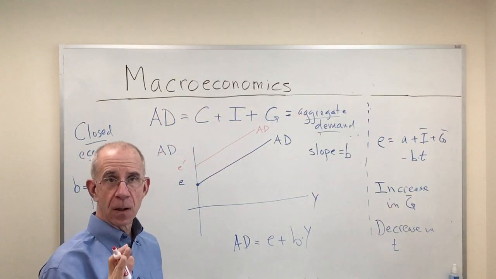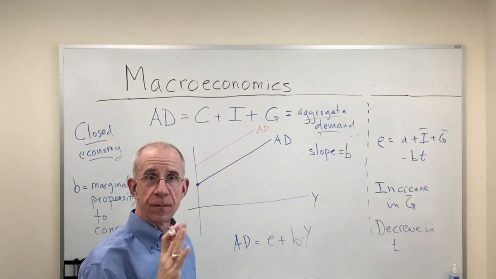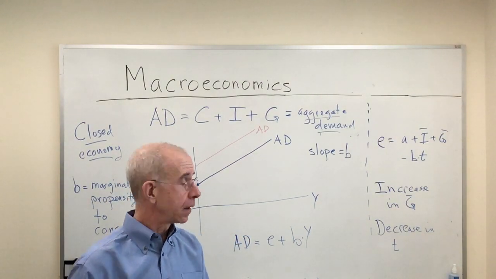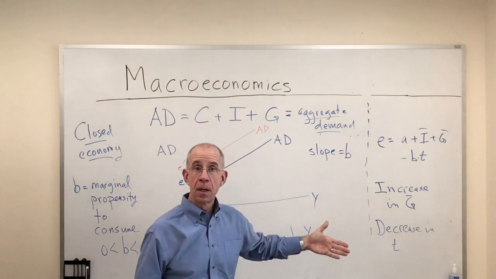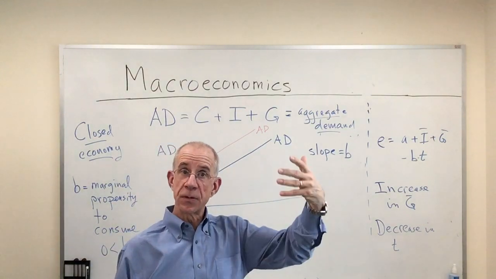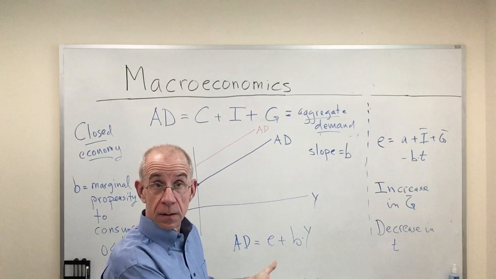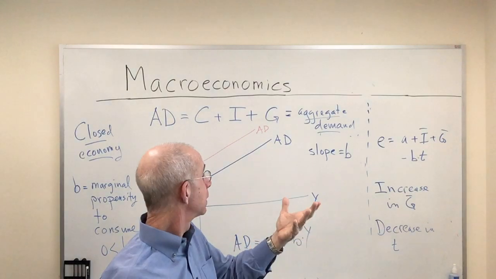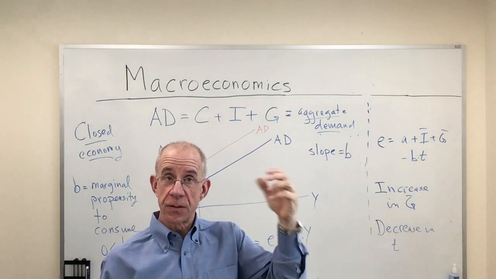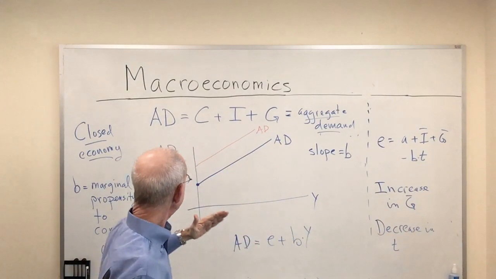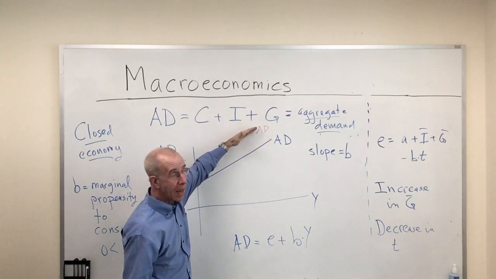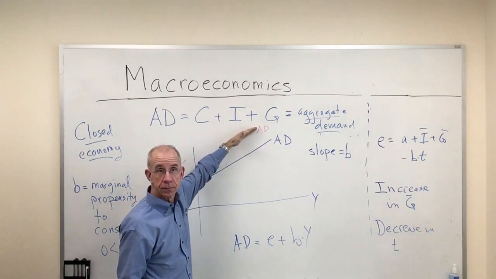If government spending goes up at every level of national income, there will be more purchases of goods and services because you've got the consumers doing what they're doing, plus you have an increased level of purchases by the government. An increase in government spending will shift this aggregate demand curve up.